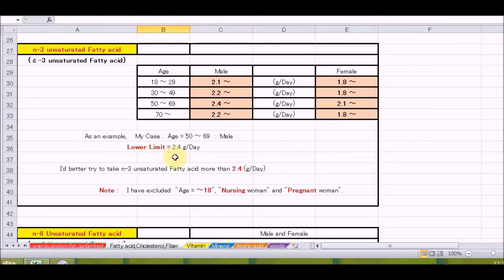Lower limit is 2.4 gram per day. I'd better try to take N3 unsaturated fatty acid more than 2.4 gram per day. Again, I have excluded age under 18, nursing women, and pregnant women.